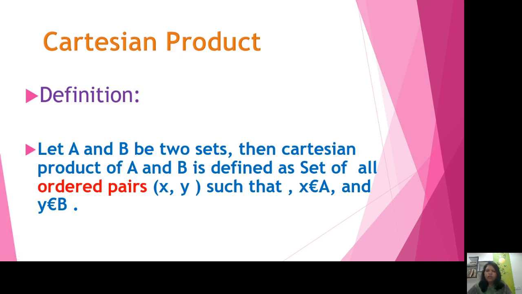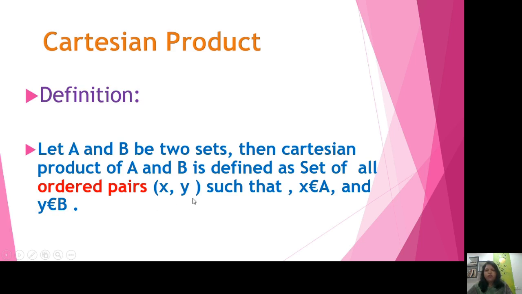This is a set of pairs, and how are these pairs: each first element in a pair belongs to the first set A, and the second element in the pair belongs to the second set B. So here the order of this pair is very important.